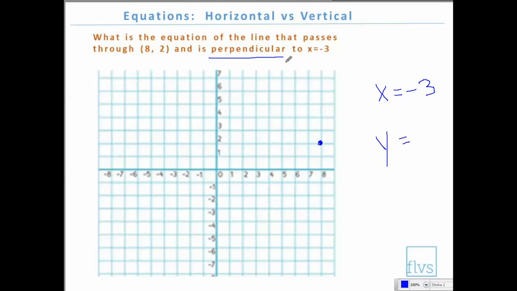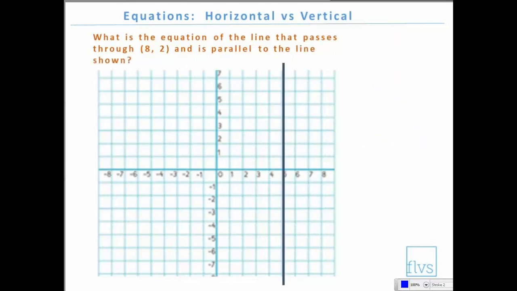So this x equals, just as a reminder, this was a vertical line. And we need a y equals. Well, if I'm doing a point, the line that goes through there, and I had a vertical line, then that means I'm going to create a horizontal line. And that means the y value never changes. So y is 2.